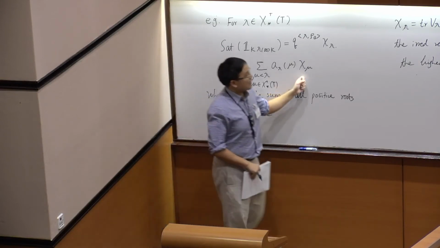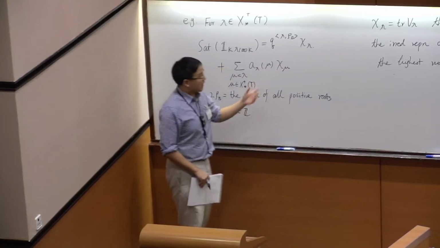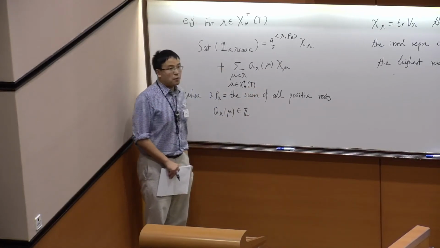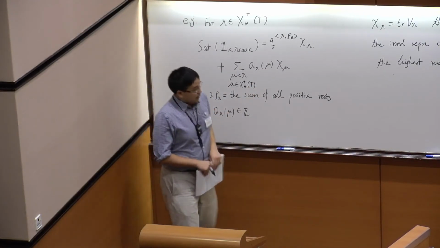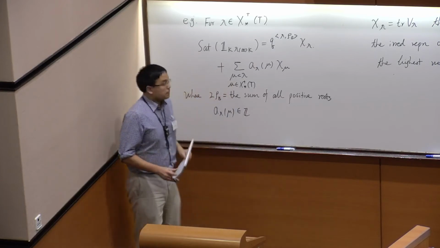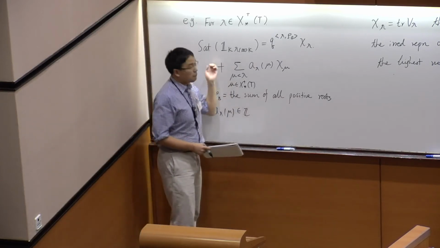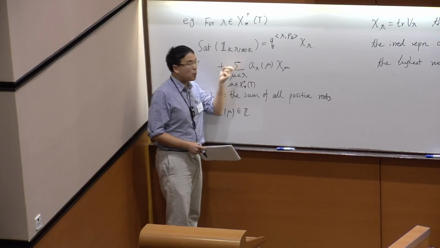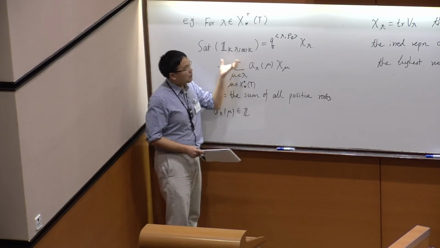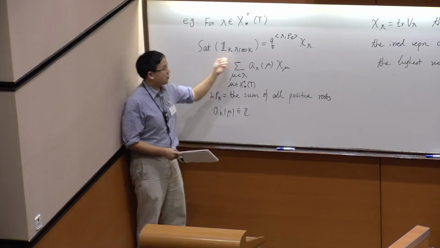And from this side, it's also easy to see that all the chi lambda and chi mu are W invariant. Okay, so this is what the Satake parameters look like for the character for this function.